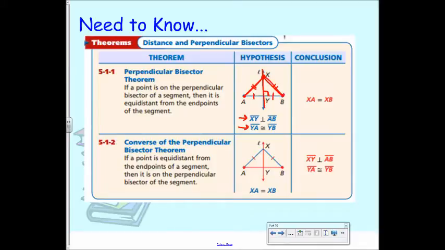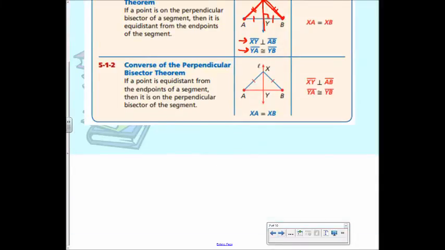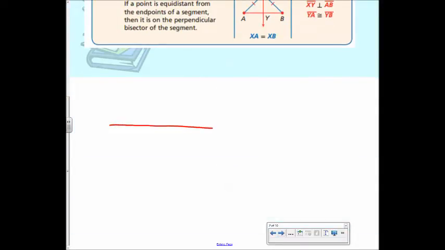I'm going to draw this again to give you a better idea of what I'm talking about. Let's say QB is a perpendicular bisector because it cuts AC in half and it meets it at a right angle.